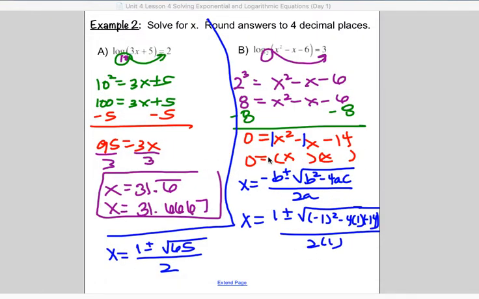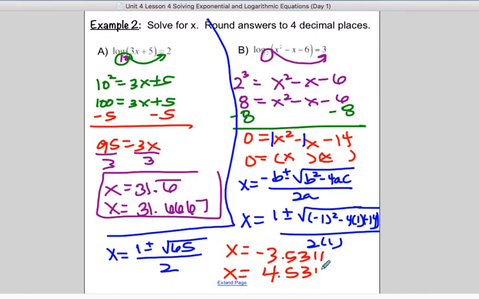So I go ahead and write those down. So x is equal to negative 3.5311, and x is equal to 4.5311. Now, I have a negative answer, so I want to be a little cautious. If I plug that back into my log, would it still be okay? Well, negative 3.5311 squared, minus that number, minus 6.